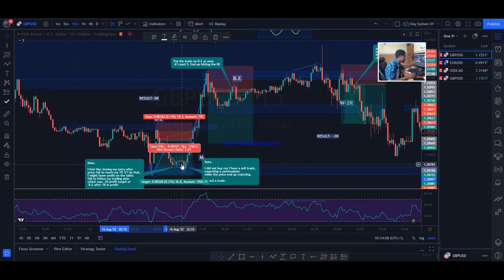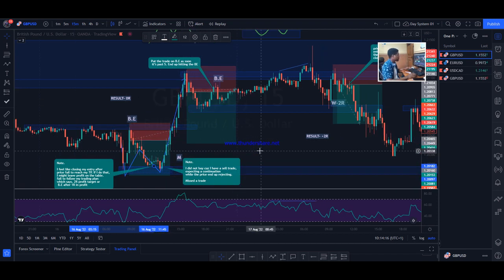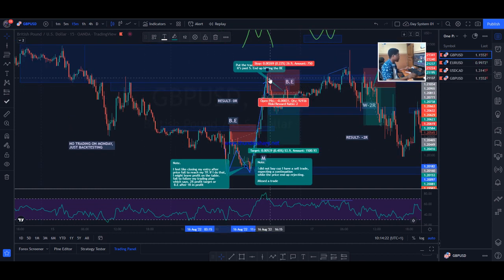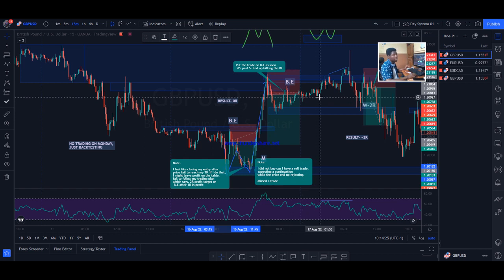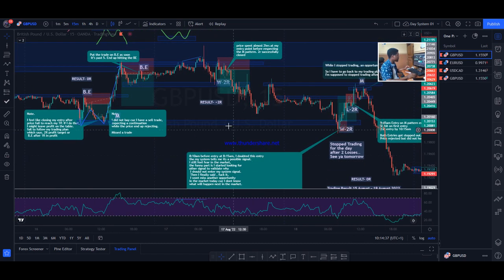You can see that's the M pattern there. And the entry was very clear. So I entered with a 14 pip stop loss, and my take profit was at I think 2 hours. So I closed at 2 hours, somewhere there. So that was how I made the profit.